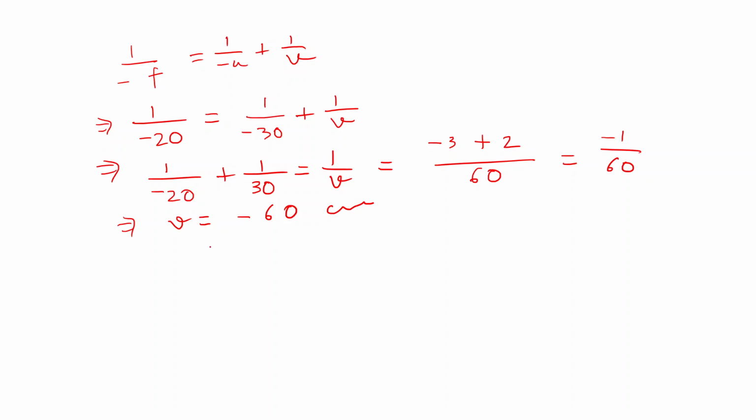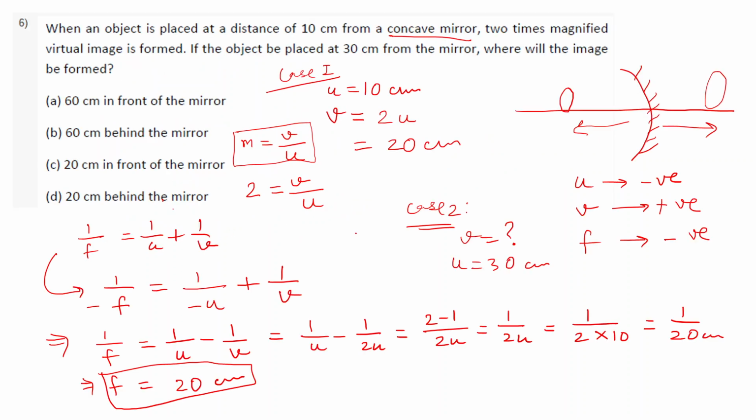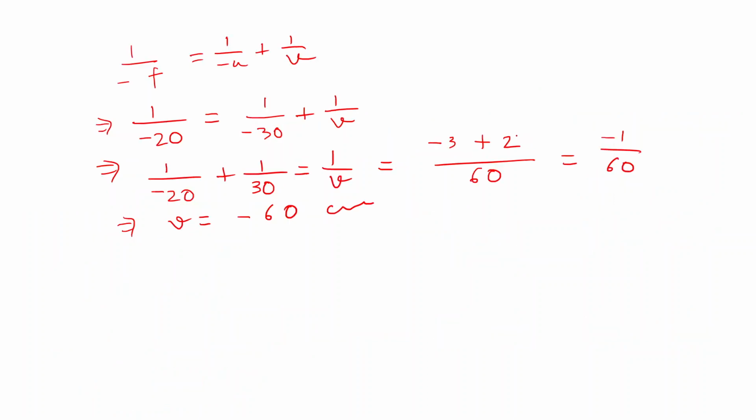This tells us that the image will be formed at the distance of 60 centimeter, but since the value is coming to be negative, that means it will be formed on the same side. So it will be formed at 60 centimeter in front of the mirror, because then only the value will be negative. Okay, so option A is correct.